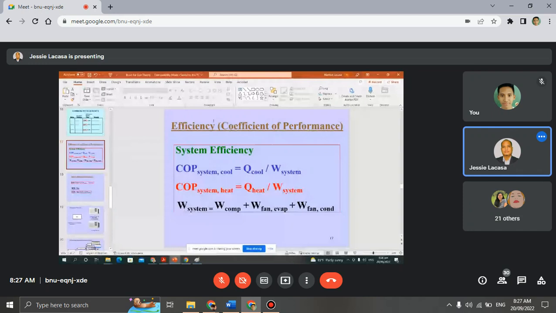There is also what is called system efficiency. When we say system efficiency, that includes all the equipment you use: the total cooling produced, the output, over the overall electrical input in kilowatts of your system.